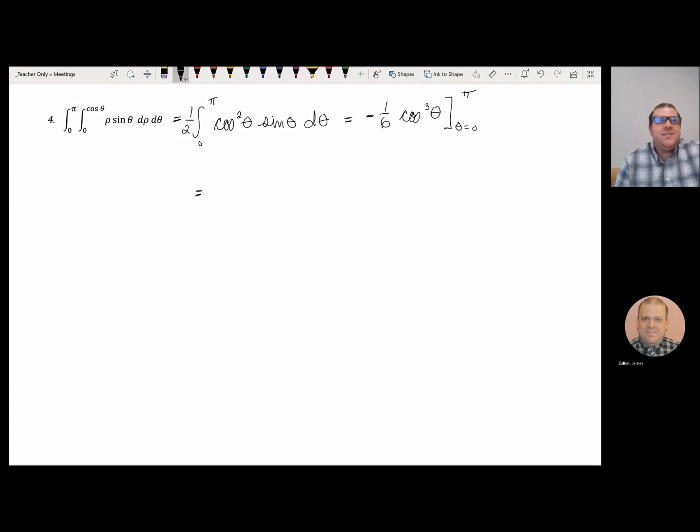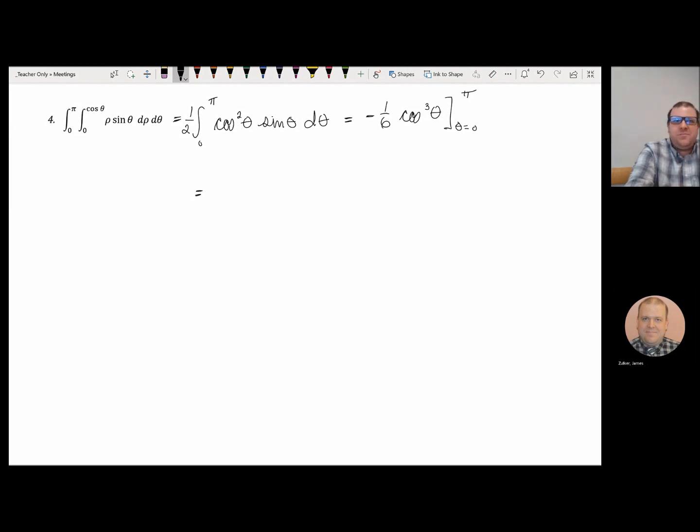Cosine of pi cubed is -1. Cosine of 0 cubed is 1.